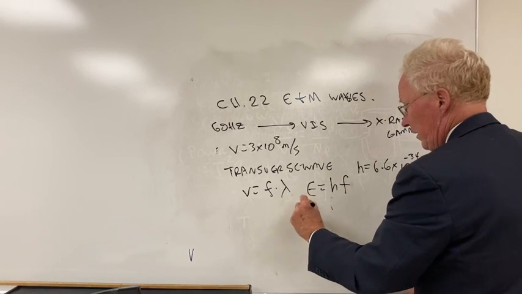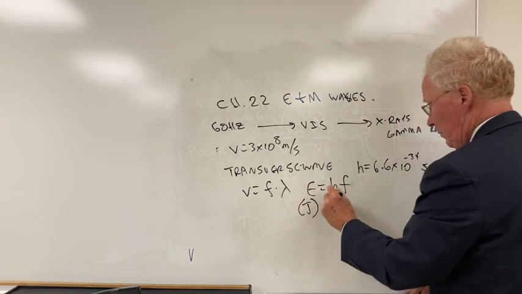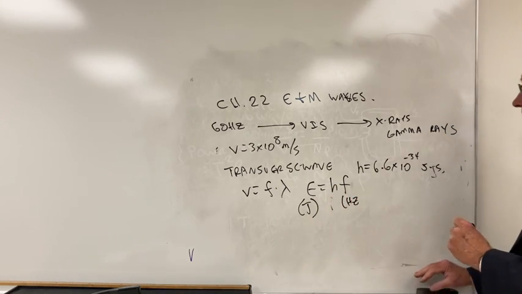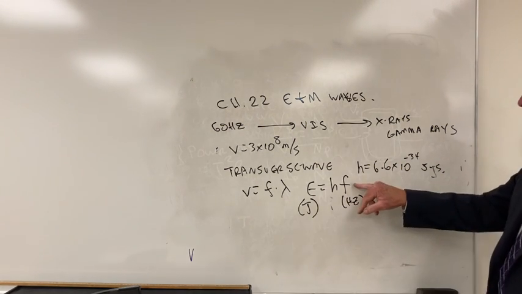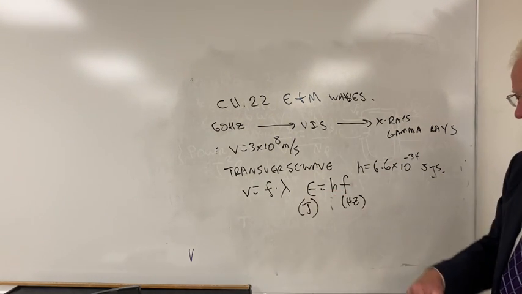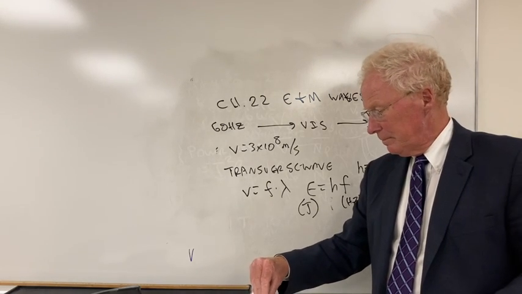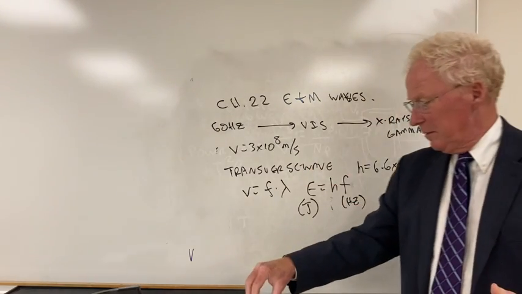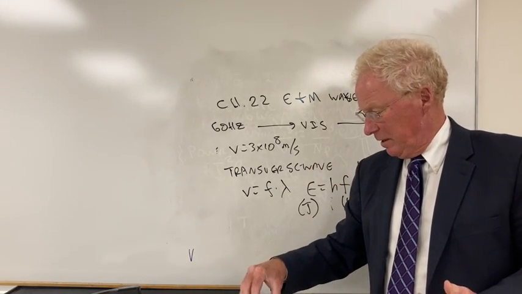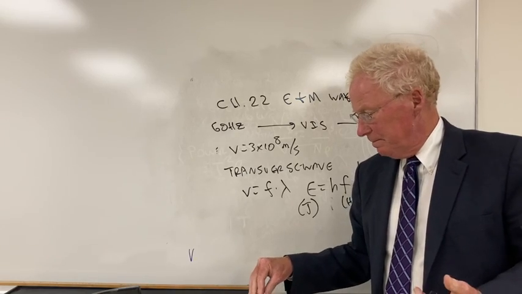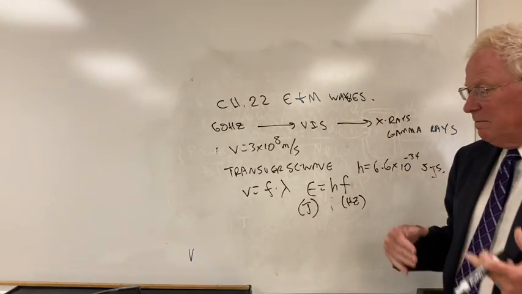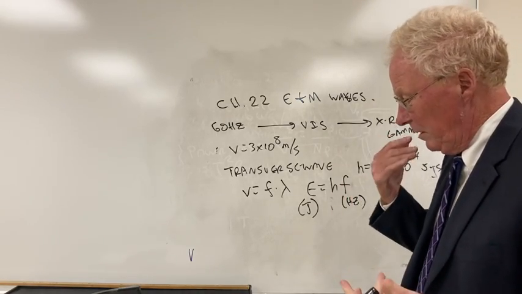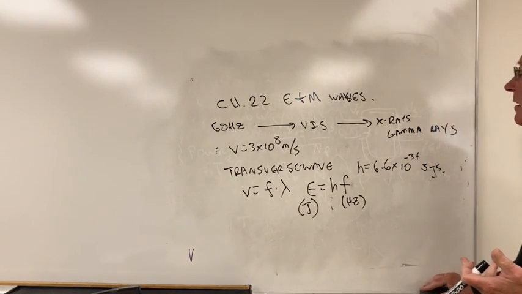So the energy in joules equals Planck's constant times the frequency in hertz. Higher frequency, higher energy. We talked about the speed of light again, 3 times 10 to the 8th meters per second. And then the fact that light has energy and therefore momentum, it produces pressure, depending on intensity.